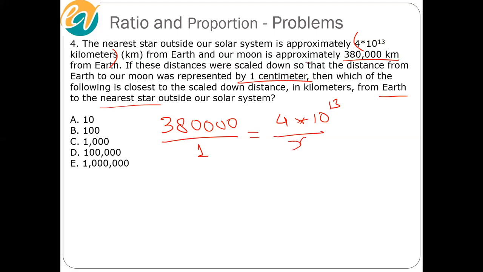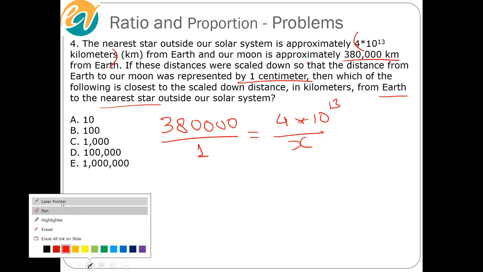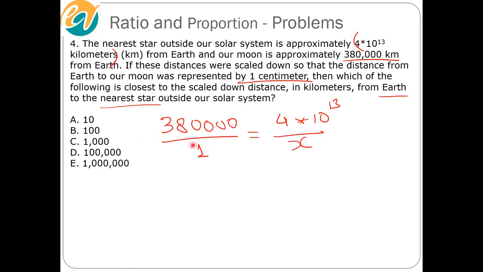How much will this be reduced to? If 380,000 is reduced to 1 centimeter, how much will this be reduced to at the same rate? Incidentally, I'll let you do this.